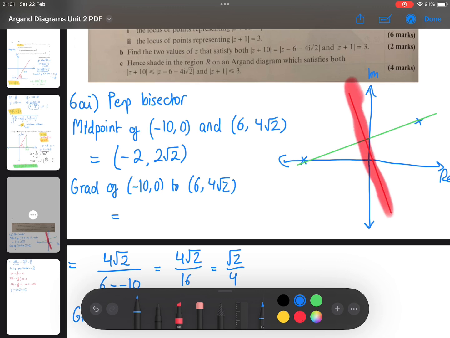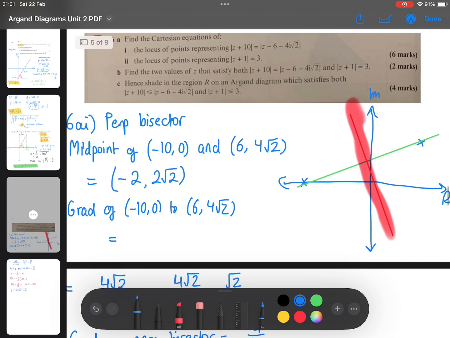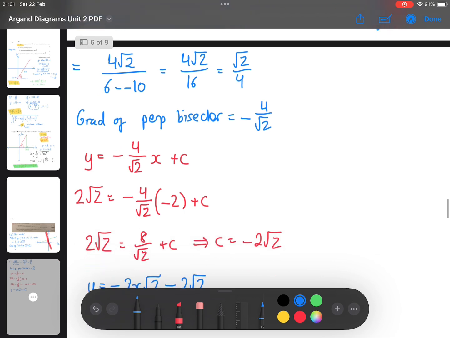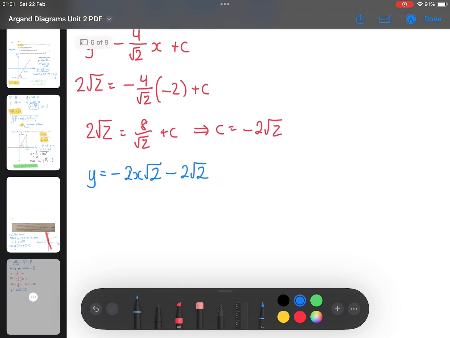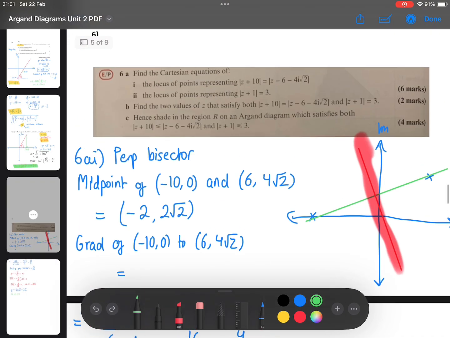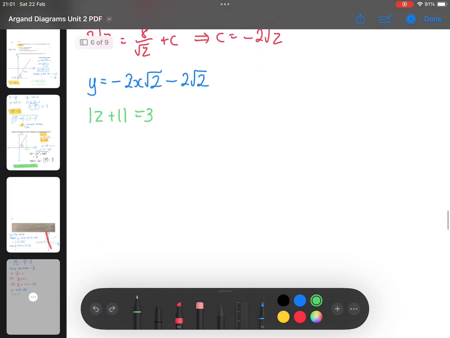And we want to now find the locus of points representing modulus of z plus 1 equals 3. So for that one, and I'll switch colour, z plus 1 equals 3. We are looking at a circle with a centre at -1, 0, and radius 3.